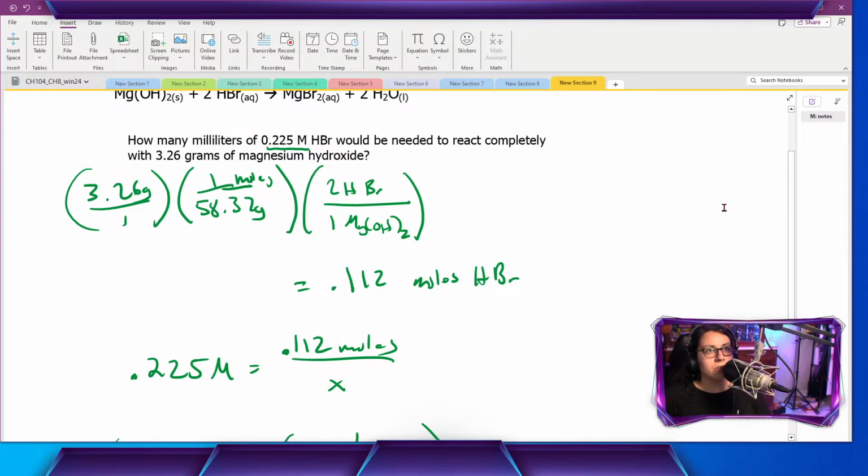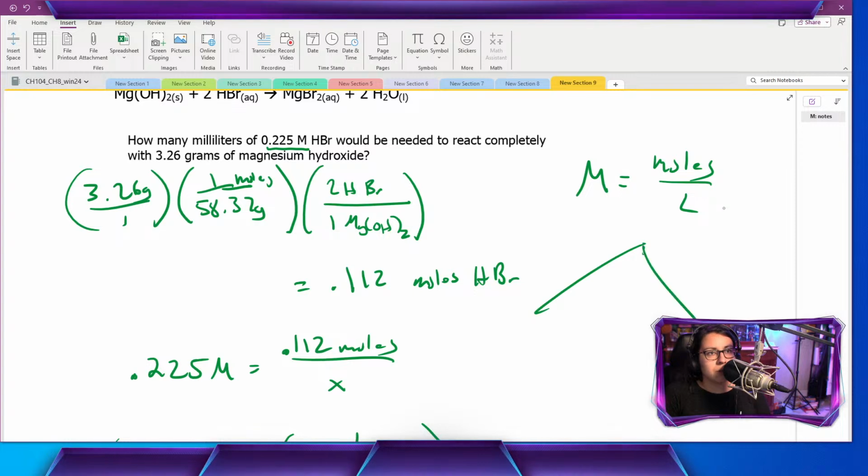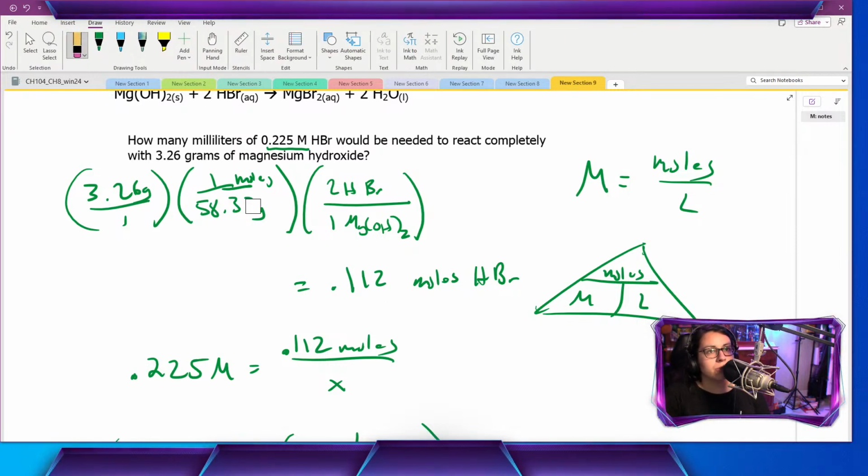I also like the triangle trick. So again, molarity equals moles over liters. We can rewrite as our triangle. So moles, molarity, liters. So if we're solving for volume, we cover what we're solving for. So cover up L, and it tells us what to do.